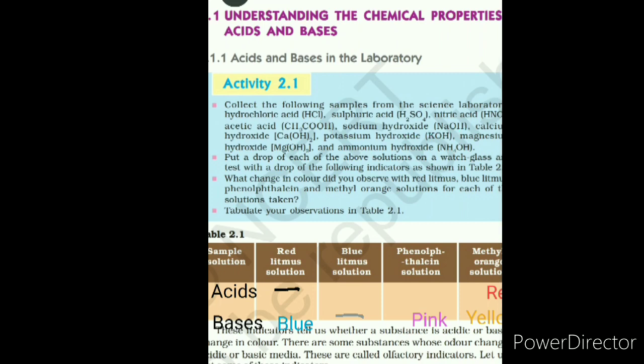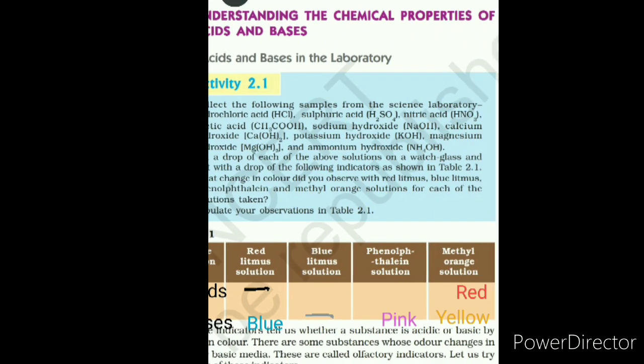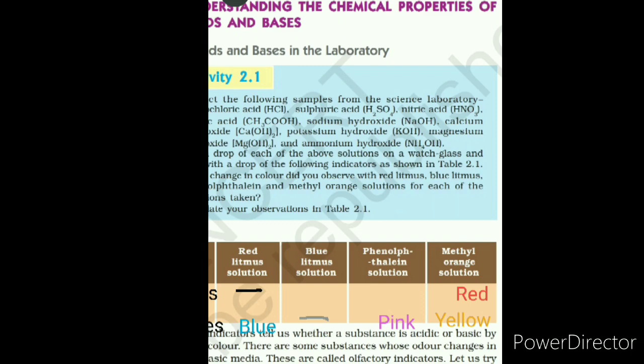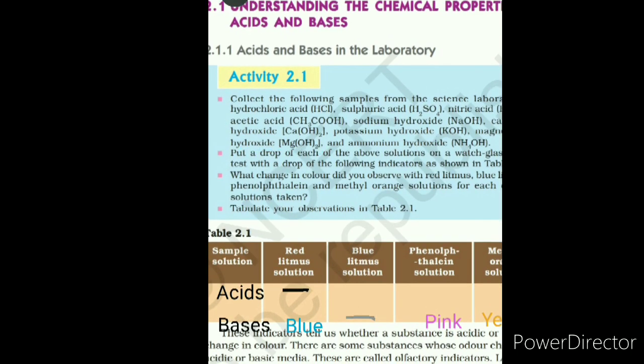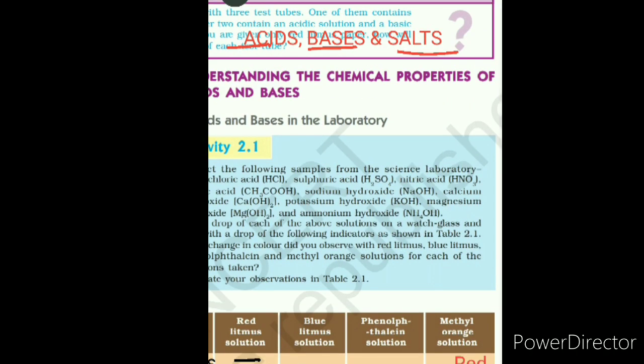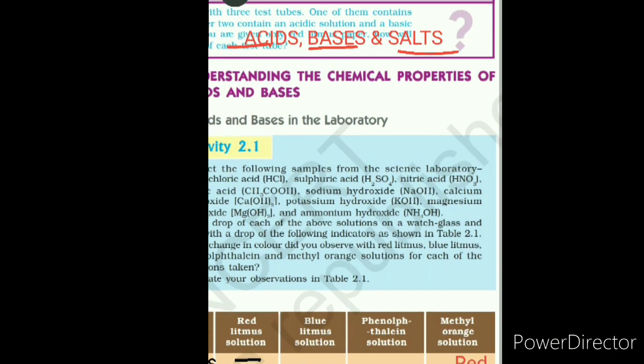Sodium hydroxide is a base. Calcium hydroxide is also a base. Potassium hydroxide is also a base. Magnesium hydroxide and ammonium hydroxide are all bases. The OH group which is present, they are bases.